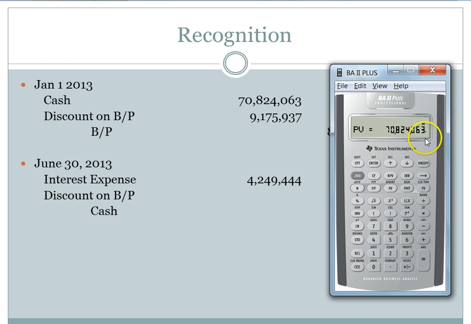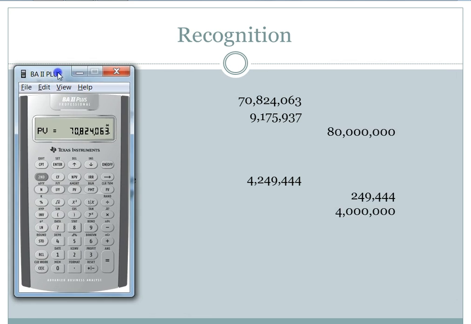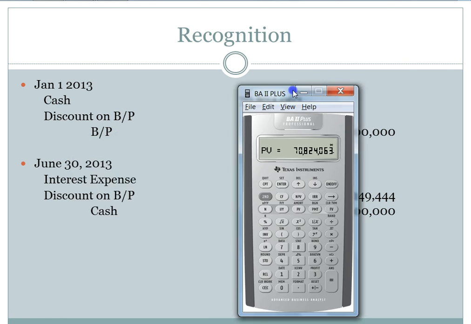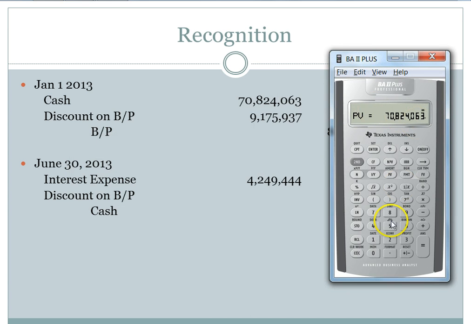So the present value, I already know that the book value of the bond right now is $70,824,000, right? I can take $80 million minus $9,175,000, and I get the $70,824,000. So I take and multiply that by 12%, and then multiply that by half a year, or 6/12.